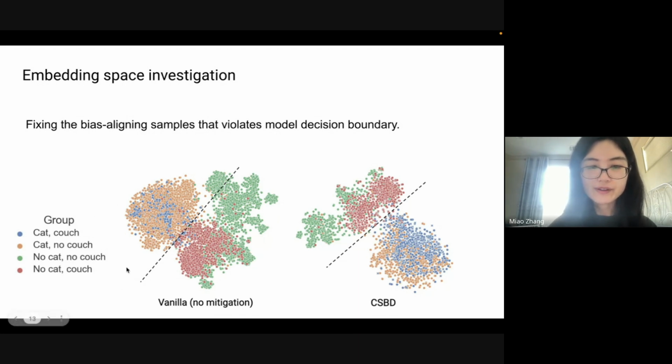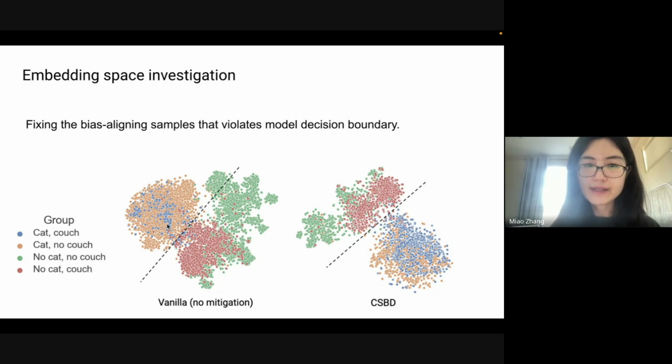We mark the samples with target feature cat and sensitive feature couch with different colors, as annotated here. The vanilla baseline model has some issues with the decision boundary, because when the couch appears, the blue samples and the red samples are partially mixed around the decision boundary.